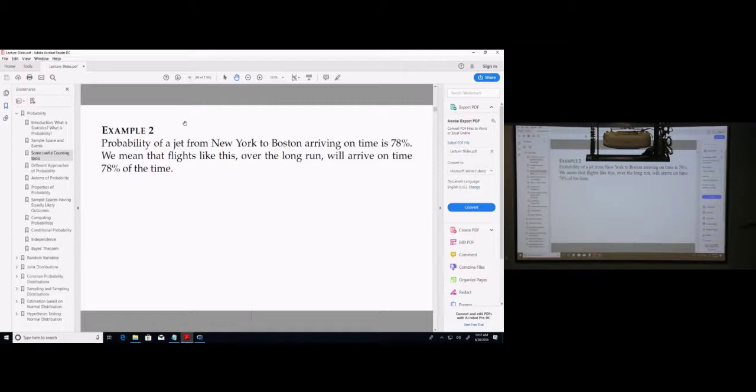Now, this is what we call the frequency approach, based on historical data. So we look at the historical data. There is always a balance between how far back you look. If you look far back, of course you have more data, so you have a better estimation.